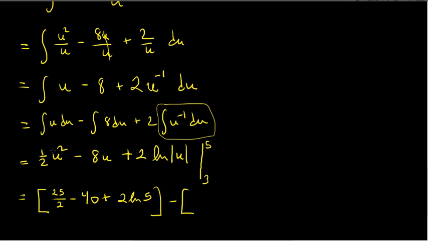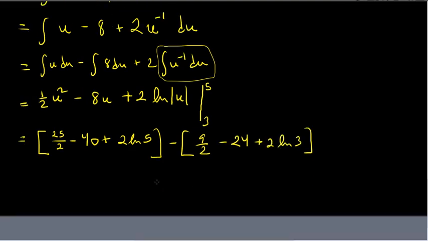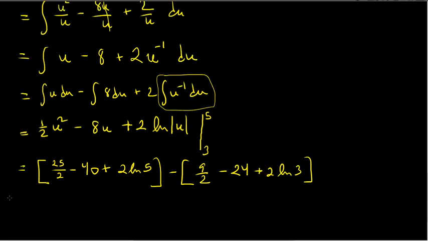Now, what do you get when you plug in 3? You get 9 over 2. Minus 8 times 3 is 24. Plus 2 log of 3. Again, we don't need absolute value because it's positive, right? Oh, and I should have just enough space to write the answer here. So 25 minus 9 is 16. 16 divided by 2 is 8.